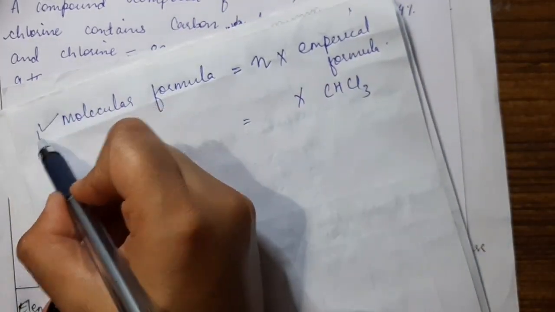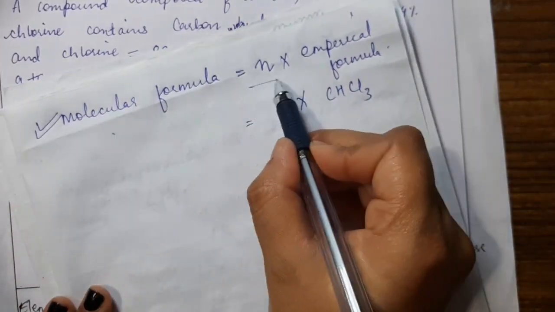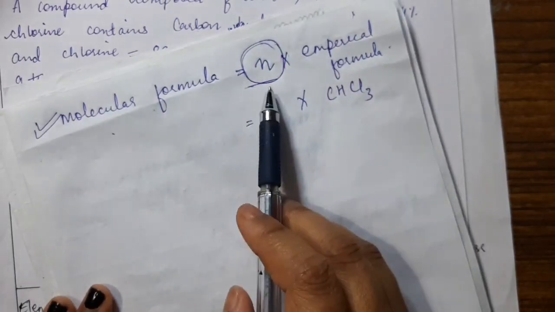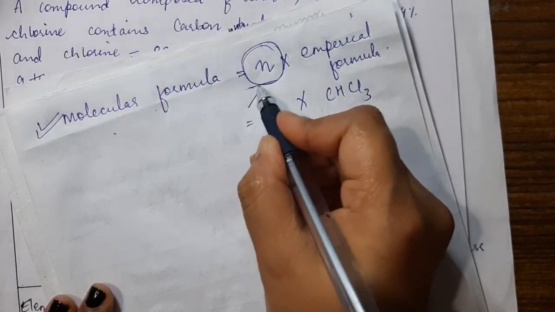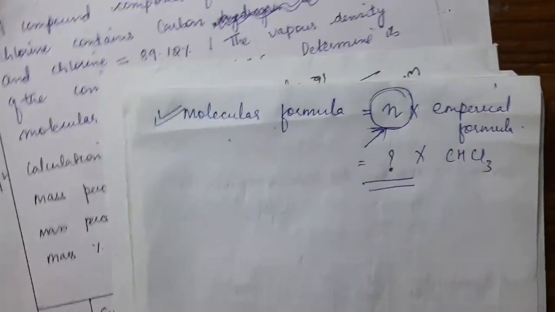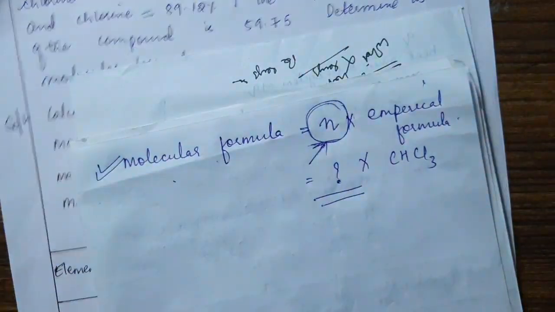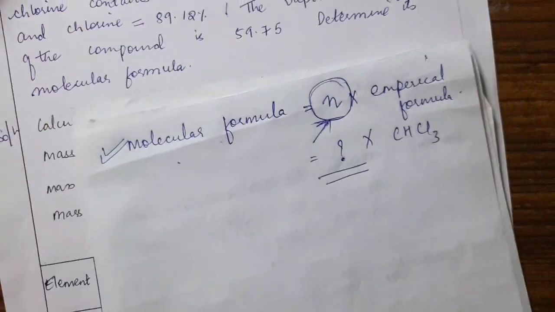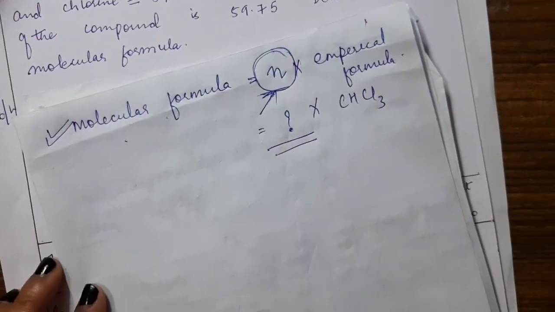We need to find the molecular formula, but in order to do that we need to find the integer n. We do not know the integer n, yes or no? What we are given is the vapor density. From vapor density we can easily find the molecular weight. So we'll use that.